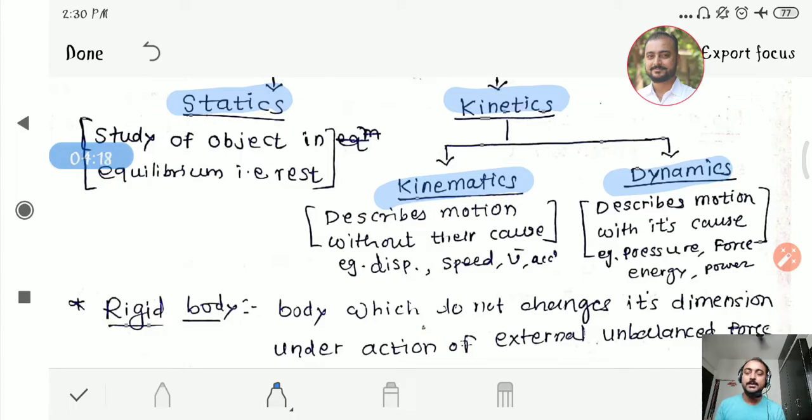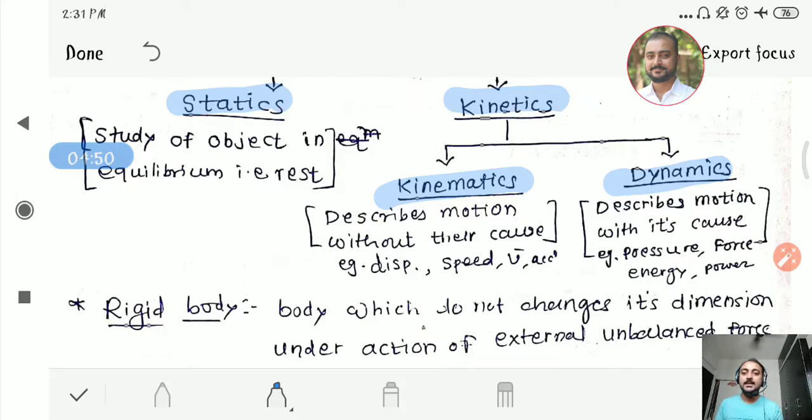Dynamics is the branch of physics or mechanics which deals with the study of objects with their cause. It means we are interested in why the object is moving with 100 km per second, how much force is acting, which force is acting, what the pressure is, what the conditions are behind that so that the object is moving with some speed. So this is dynamics.